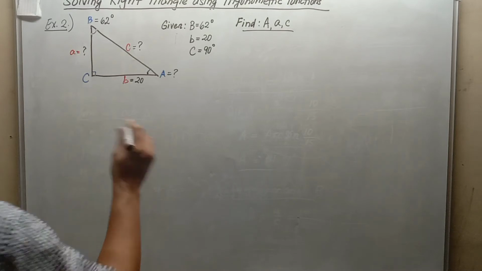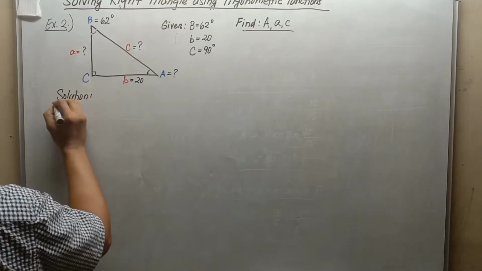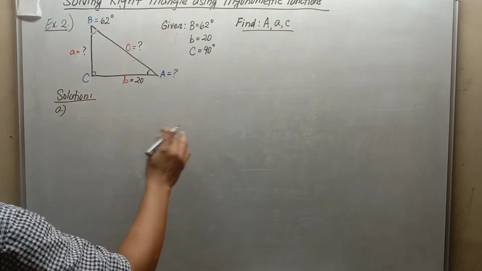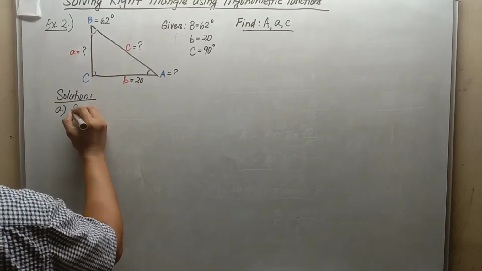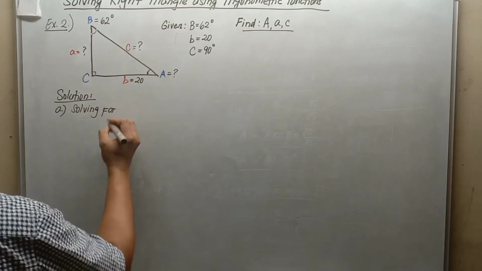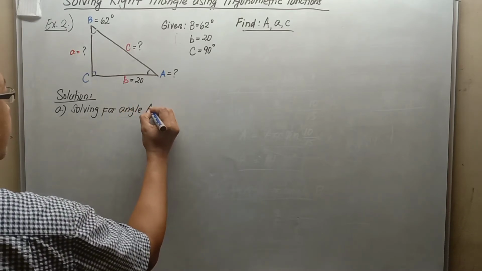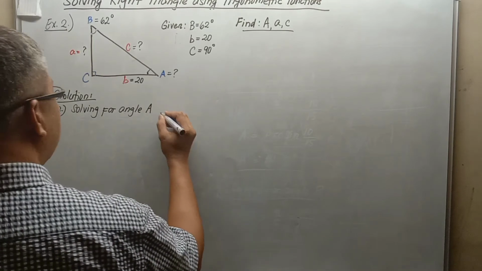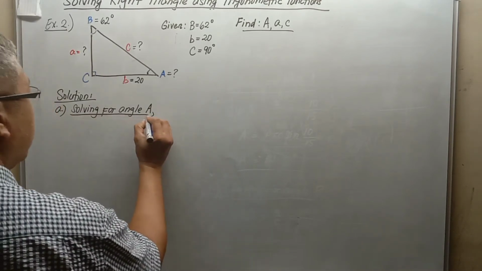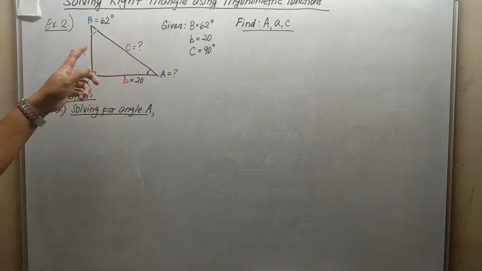Now solution, guys. Solving for angle A. Take note, guys, as you remember, we can find the other angle by using the complementary relation.